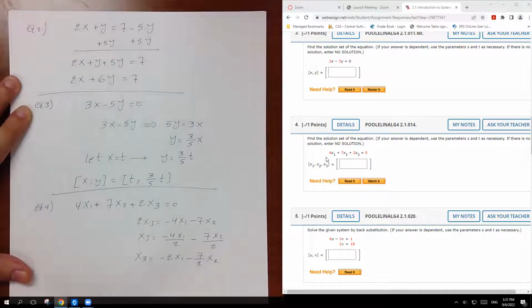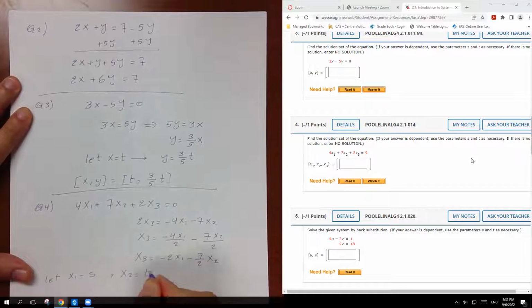So now here's x3. They ask you to use s and t as necessary. So I'm going to use x1 as s, and x2 is going to be t.